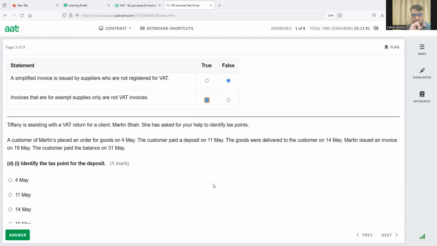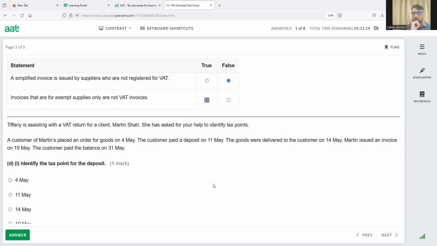Now, if a customer pays a deposit, that is considered a separate transaction, and the remaining part is considered a separate transaction. So in other words, you will have two tax points, one for the deposit and one for the remaining payment and invoice.